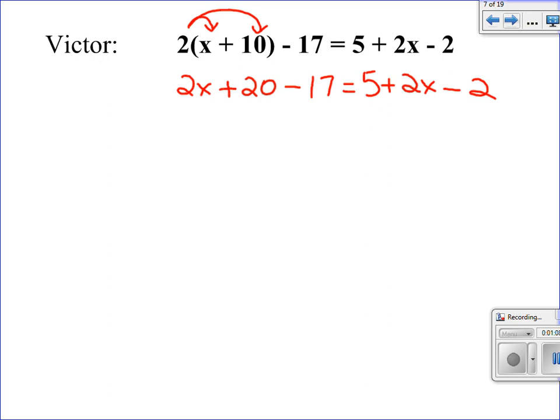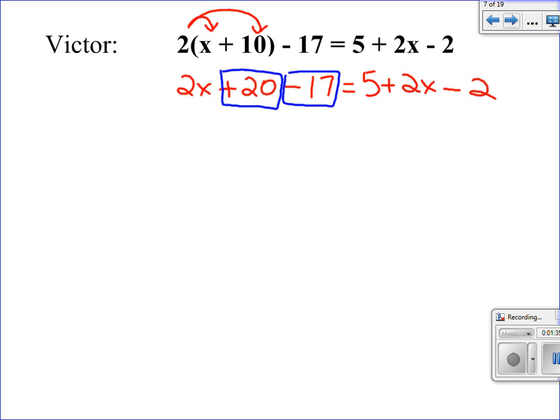Now a lot of you do this step differently, and there are many different ways you can do this. It does not matter what you move first or what you do next, as long as you're always following solving equation rules. For me, the easiest way is to first combine the like terms. On the left-hand side, we have a positive 20 and a minus 17.